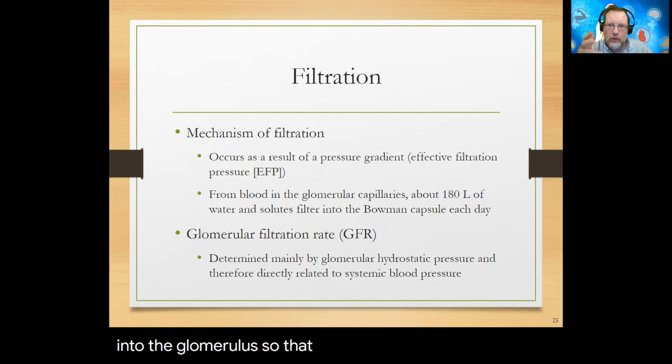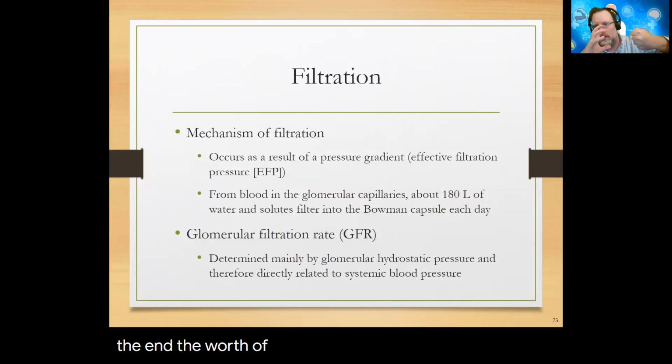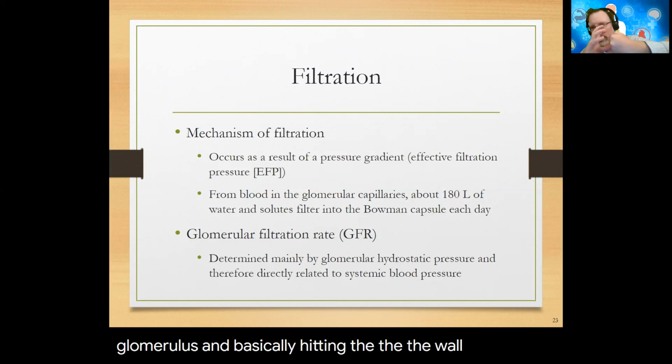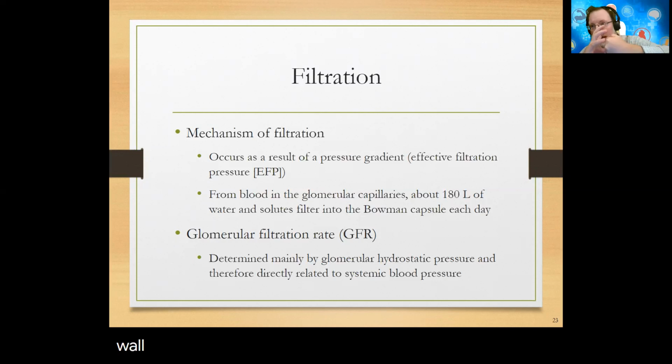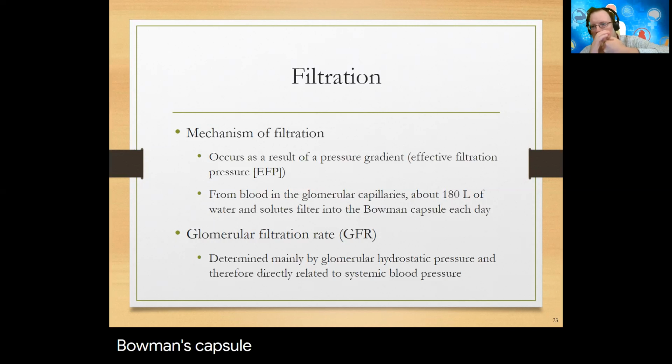So that pressure gradient from inside Bowman's capsule and in that capsular space, and where the blood is coming into the glomerulus and basically hitting the inner wall of itself, and then having that inner wall of the Bowman's capsule touching.